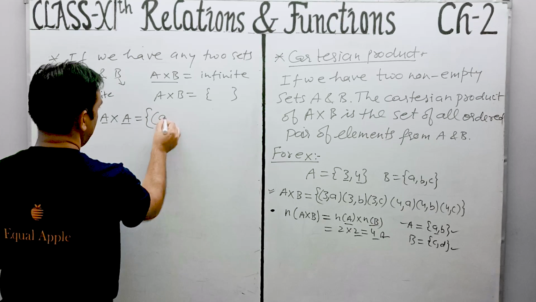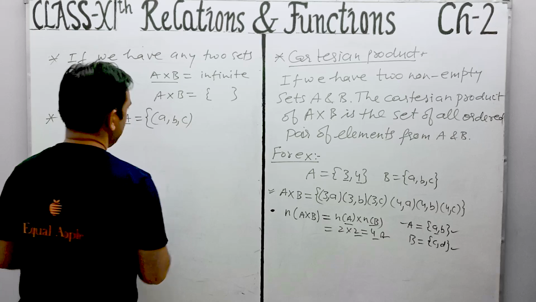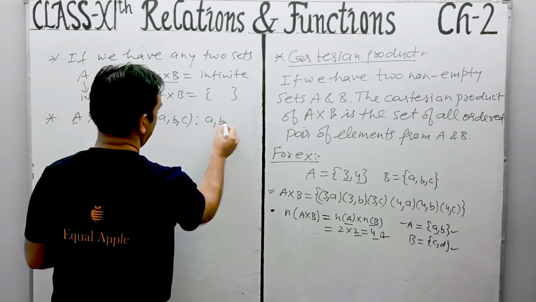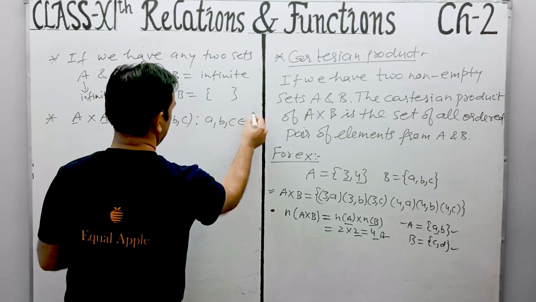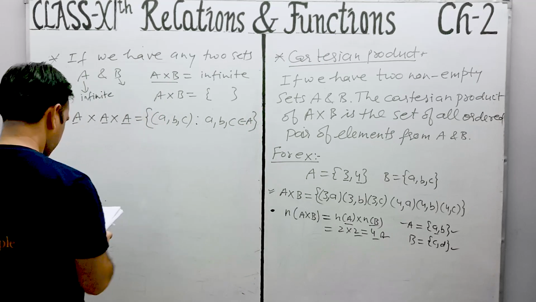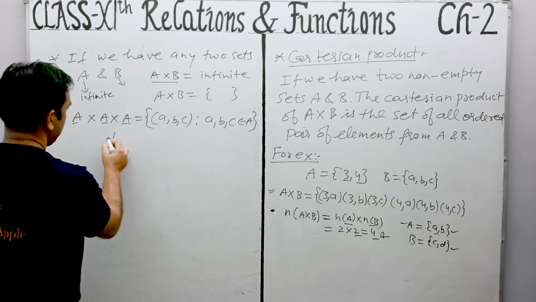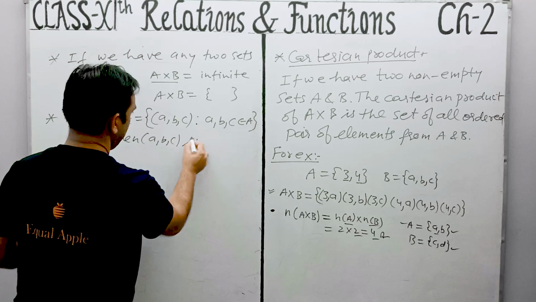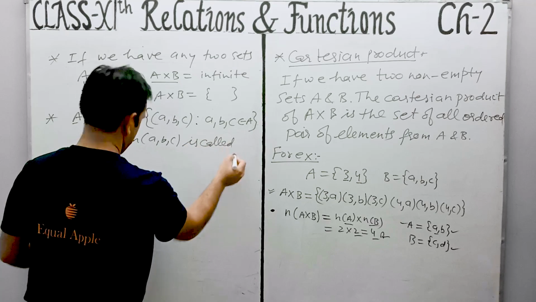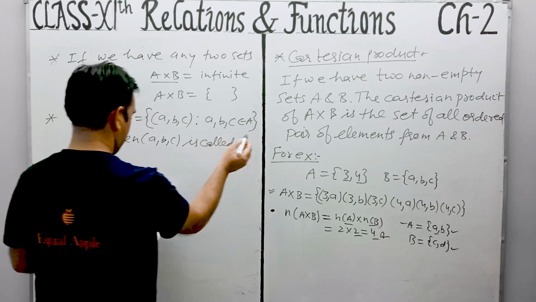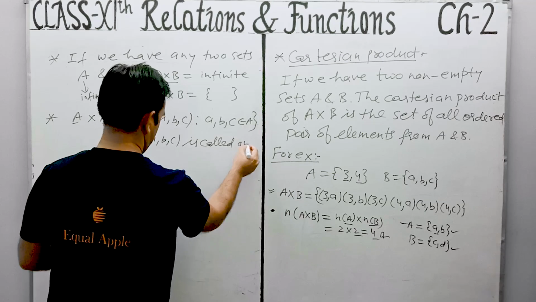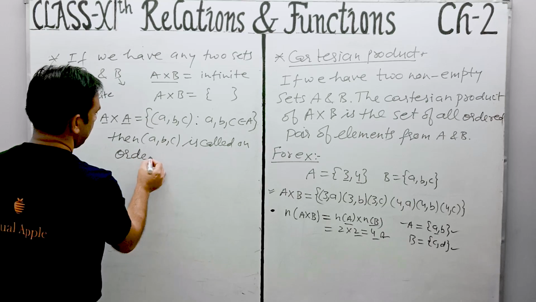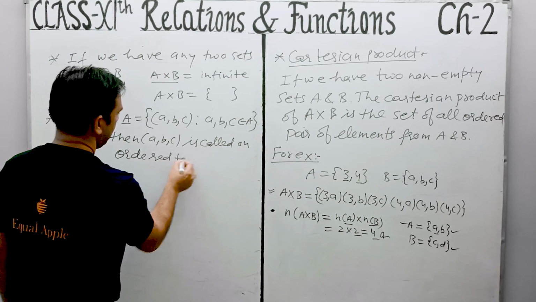If A, B, C are elements in a set, then A, B, C is called an ordered triplet.